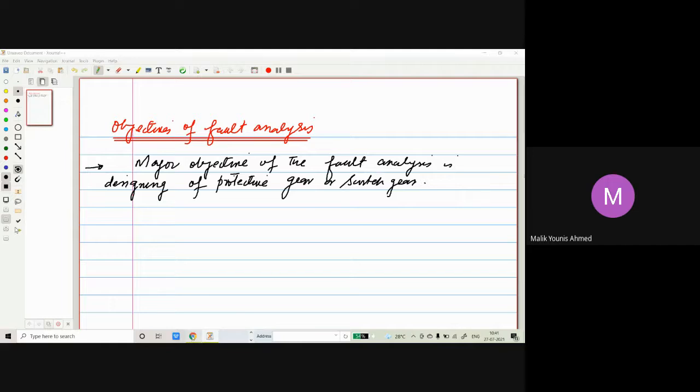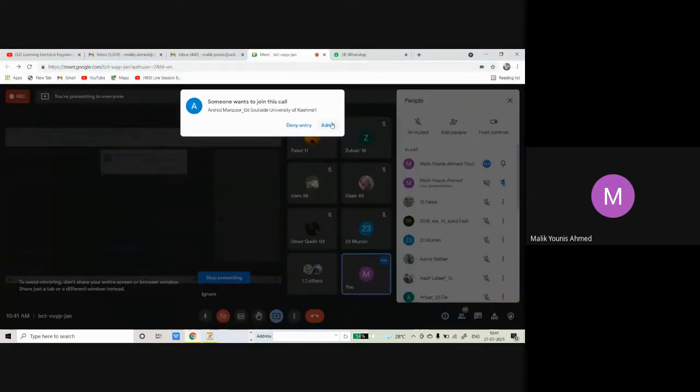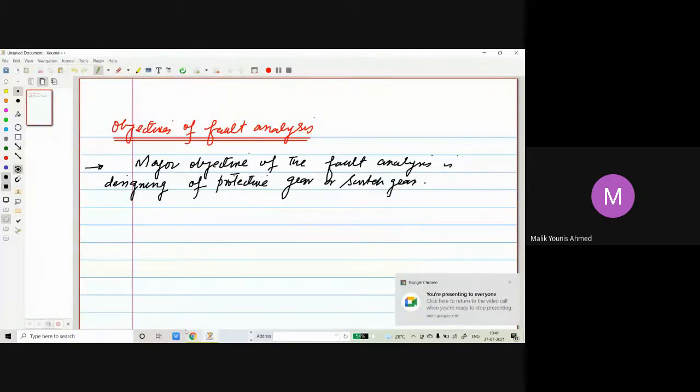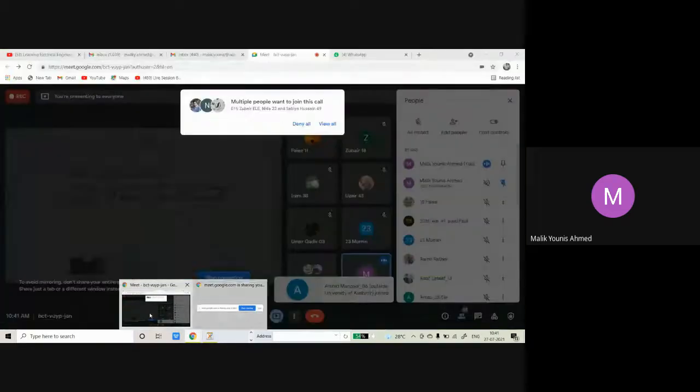This is the main objective of the power system. This is the main objective of the fault analysis.